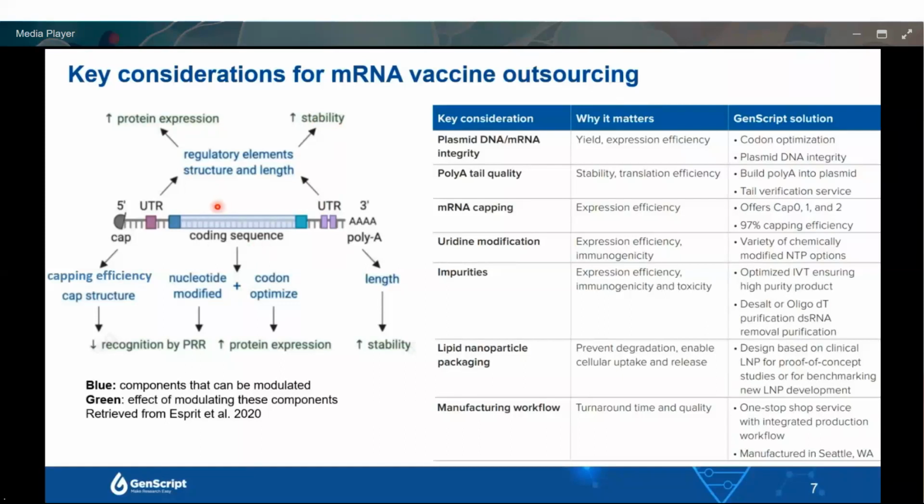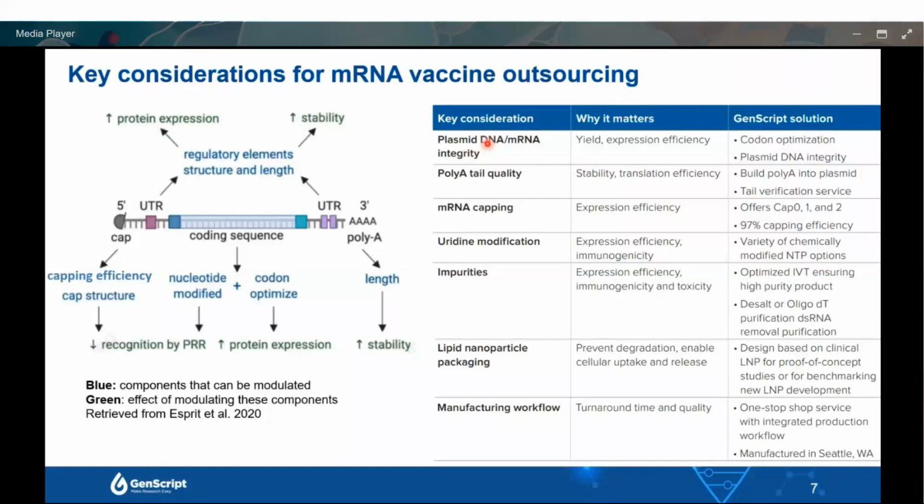For the ORF part, if we modify the nucleotides, it can reduce the recognition by PRR. And if we optimize the codons, it can help improve the protein expression. And the length of the poly A tail will affect the stability of the mRNA. So all these are the elements that we can adjust.